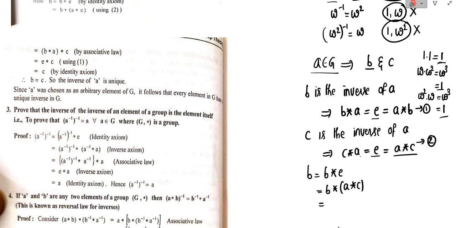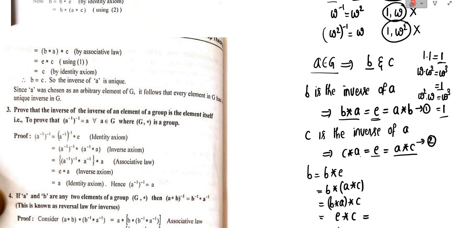Next, we can use the associative law because (G, *) is a group. By using the associative law, we can write b * (a * c) as (b * a) * c. Next, we know the value of b * a is e only, so e * c.